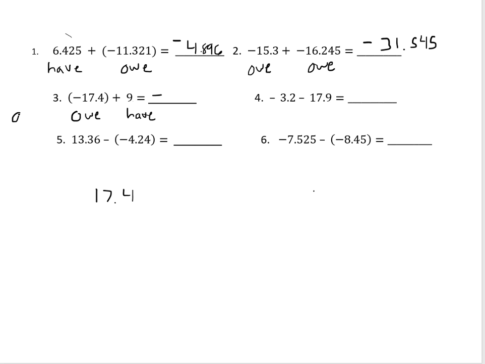Now, to write 9 as a decimal, it would be 9.0. So when we line this up, we line it up like this. Okay? 4 minus 0 is 4. We can't take 9 from 7, so we have to borrow from the 1, make it a 0. This becomes 17 minus 9, which is 8. 8.4. And then our answer is a negative 8.4.